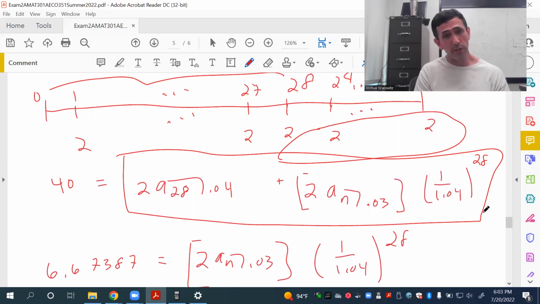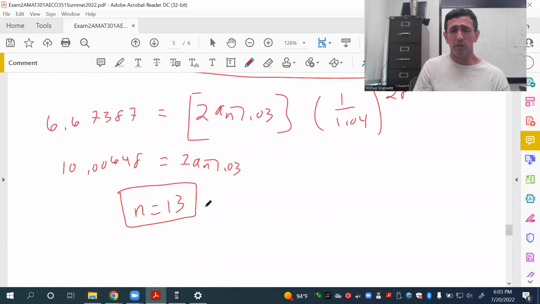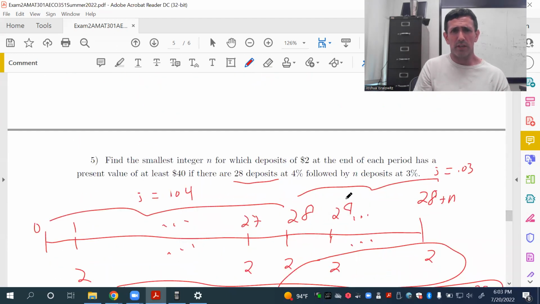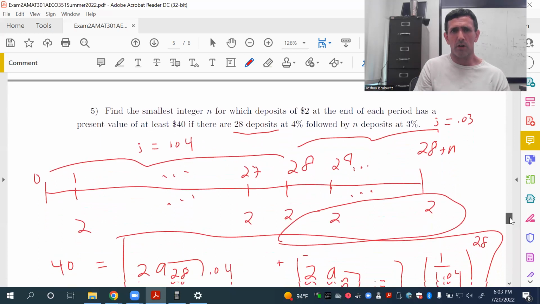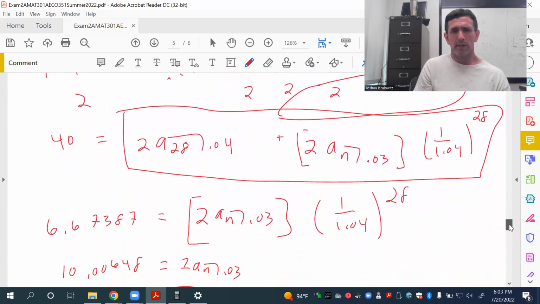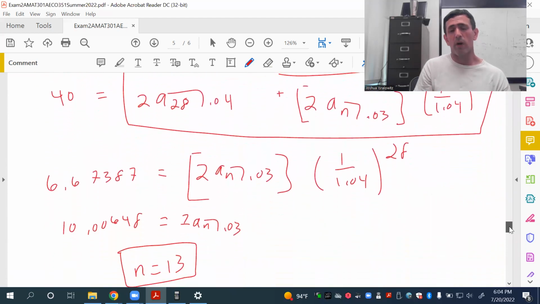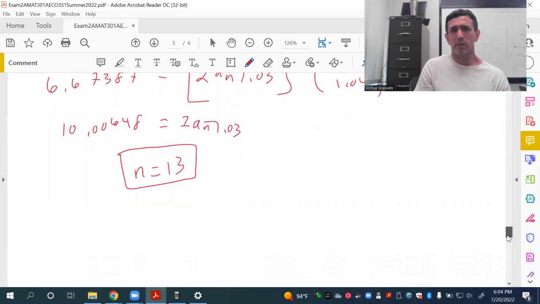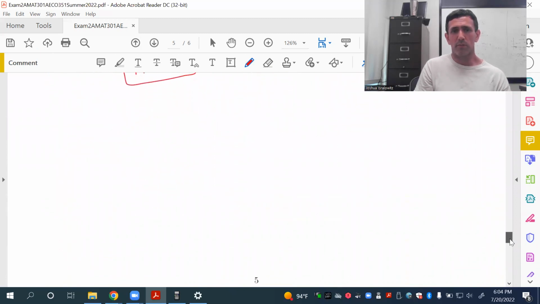Plug in 14, 15, more than 40, etc. So this is the smallest integer where the present value is at least 40. Anything smaller, and we have less than 40. Again, you can check that.